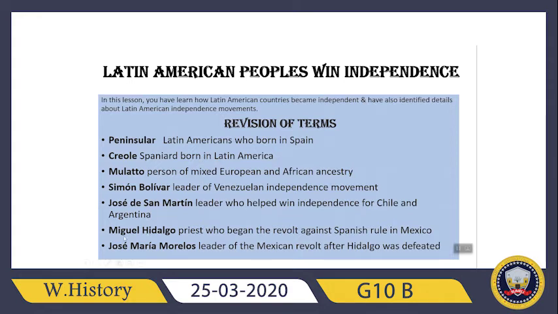Then we have another name, Miguel Hidalgo. He was a priest who began the revolt against Spanish rule in Mexico. And at the end, from this chapter I chose Jose Maria Morelos, the leader of the Mexican revolt after Hidalgo was defeated.